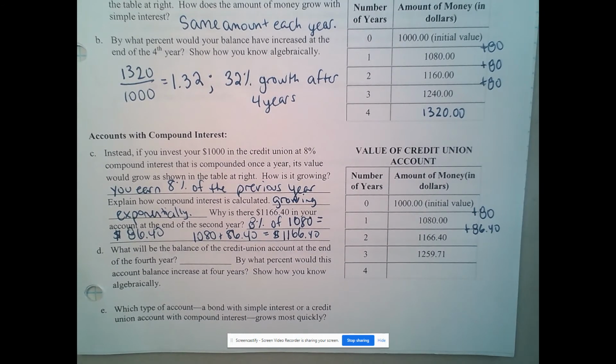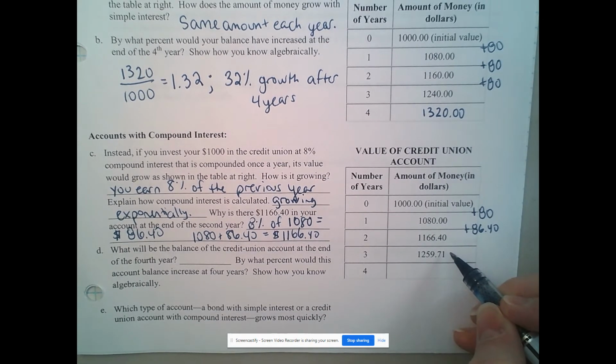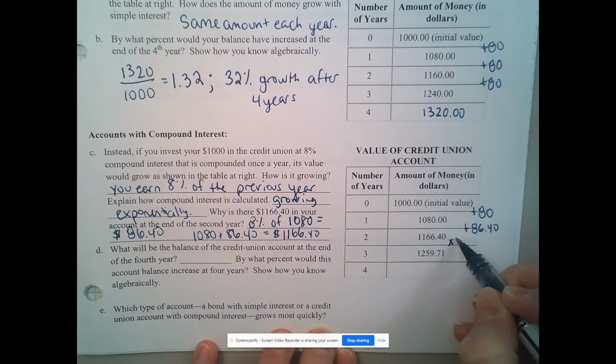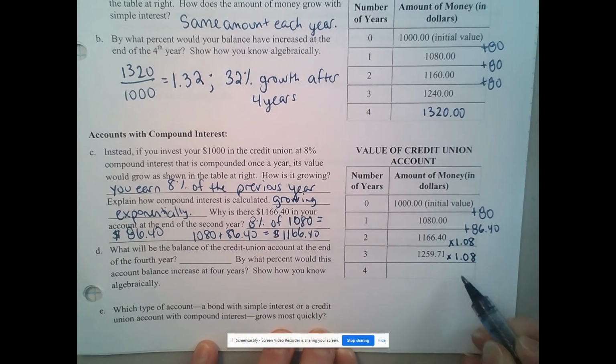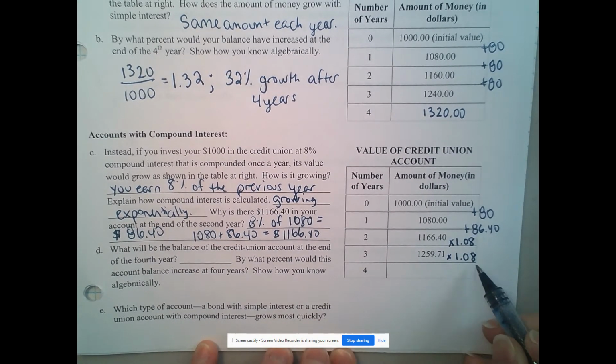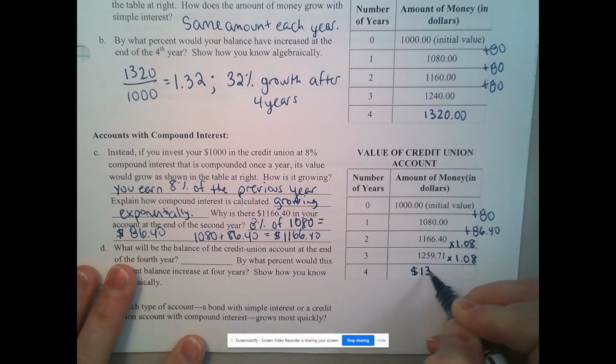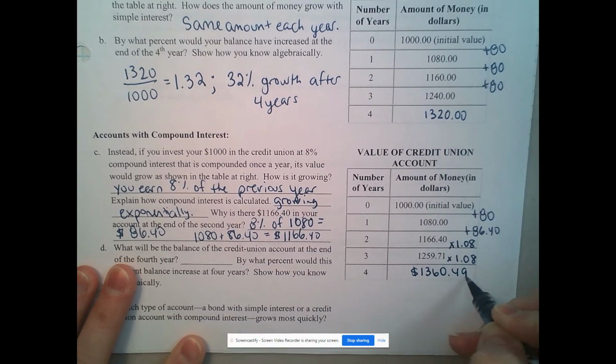So D, what will be the balance of the credit union account at the end of the fourth year? So each time, what we're actually doing is multiplying by 1.08. Multiplying by 1.08. You keep 100% of what you had, and you get an extra 8%. So at the end of the fourth year, you'd be at 1360.49.